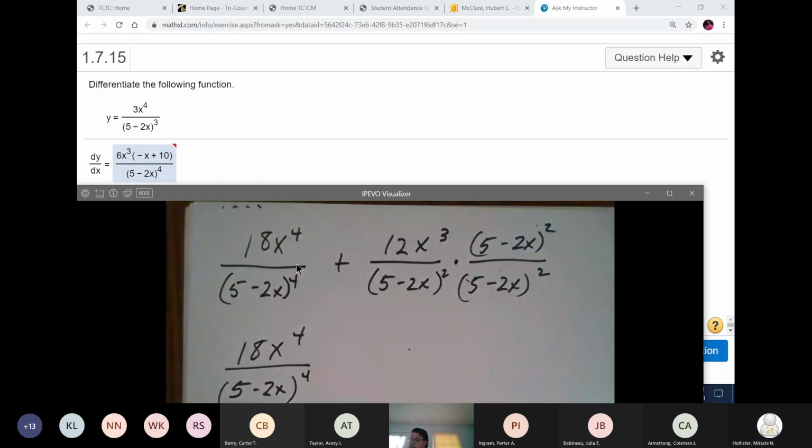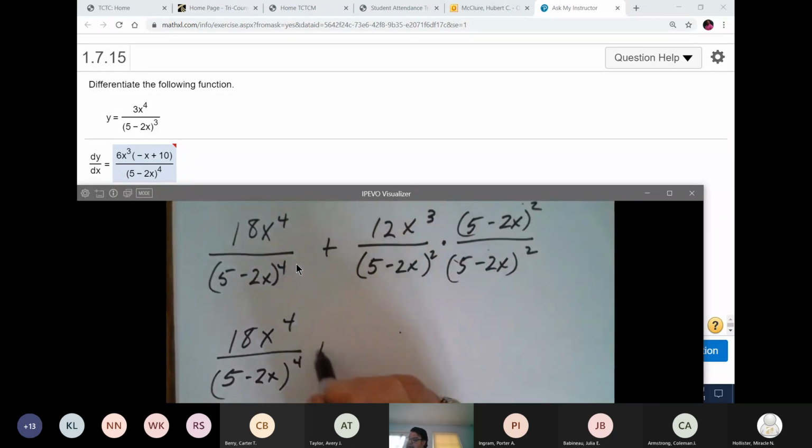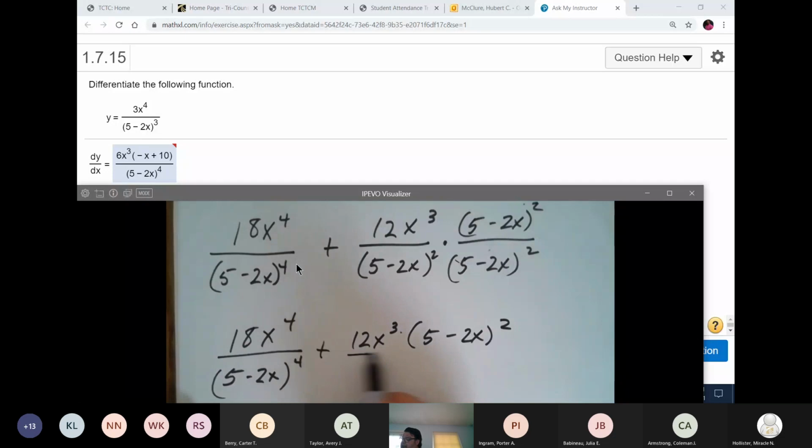Okay, I'm going to try to do that. I'm going to see what the product rule gives us. That's what I'm doing right now. So that's going to give us plus 12x to the third times 5 minus 2x squared over 5 minus 2x to the fourth.